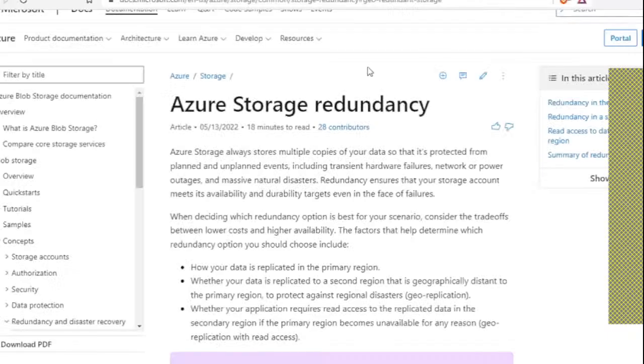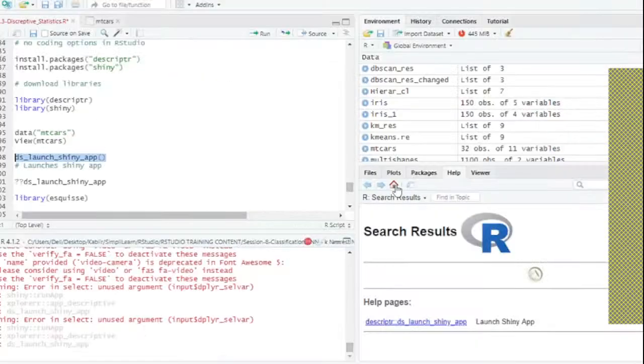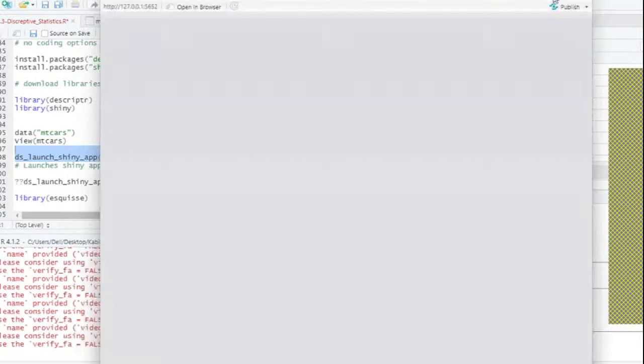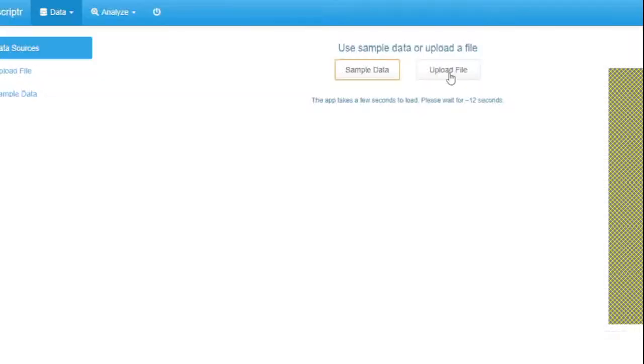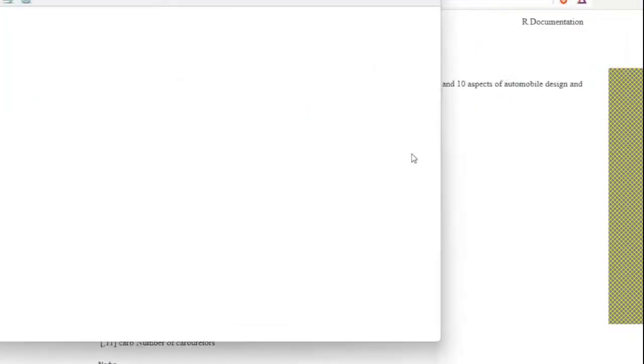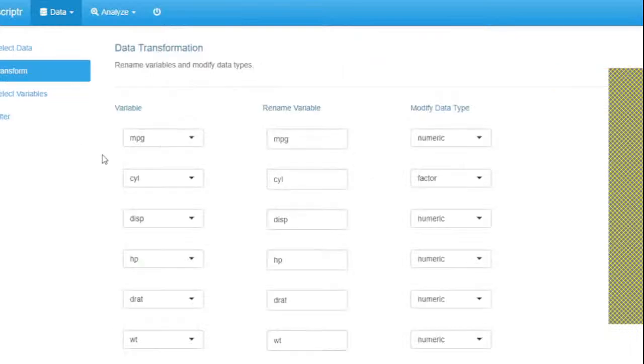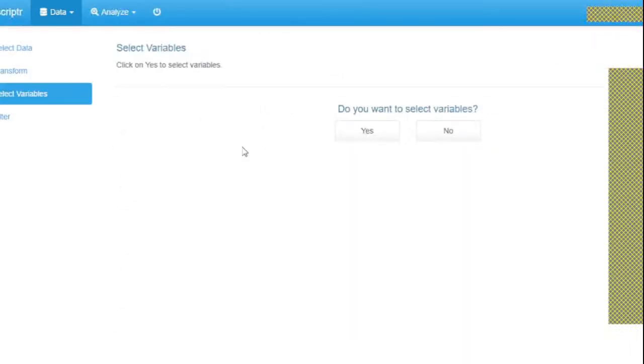Are you getting it? I don't know. Again, it's not working for me. Some error. I think some issue with R. Just a second. Now let's see if it works. Data, sample data, apply changes, select variables.